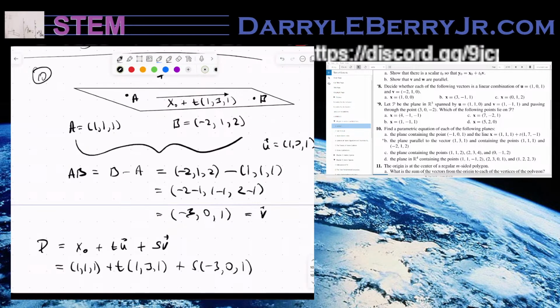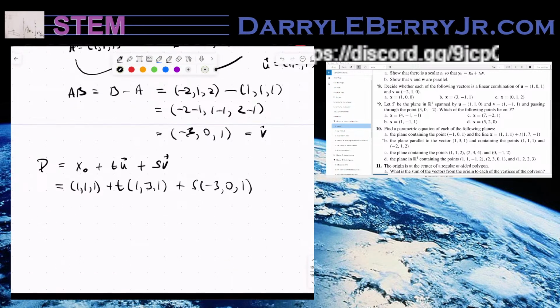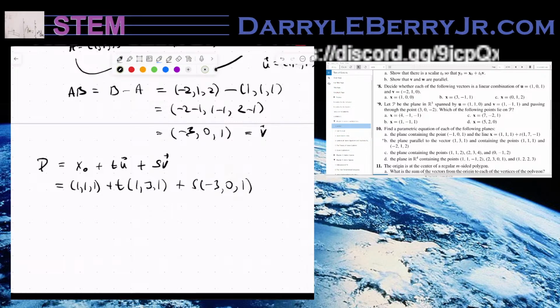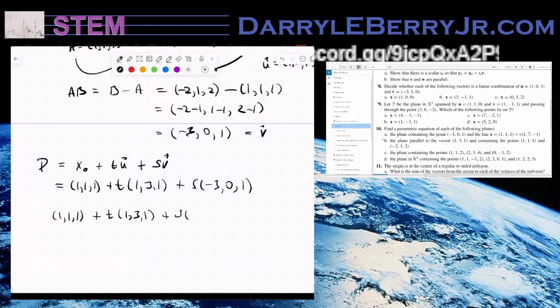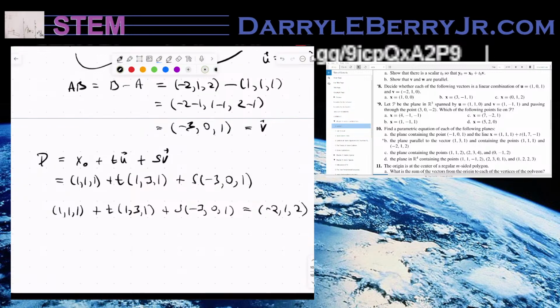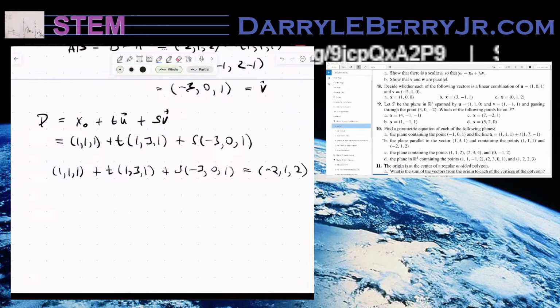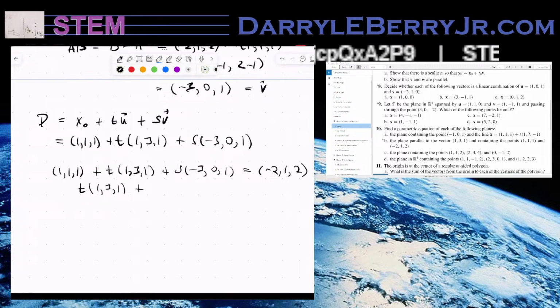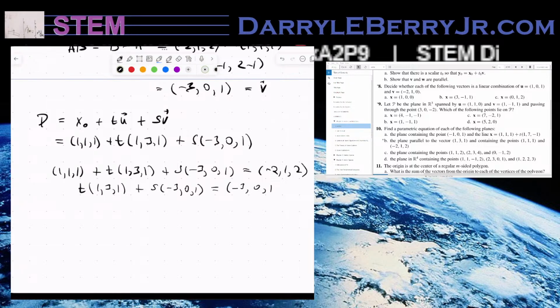And to test it, let's see if we can get V out of this. So if I said 1, 1, 1 plus T 1, 3, 1 plus S negative 3, 0, 1 equals negative 2, 1, 2. So if this works, it should be able to give me that point. So I have T 1, 3, 1 plus S negative 3, 0, 1 equals negative 3, 0, 1.